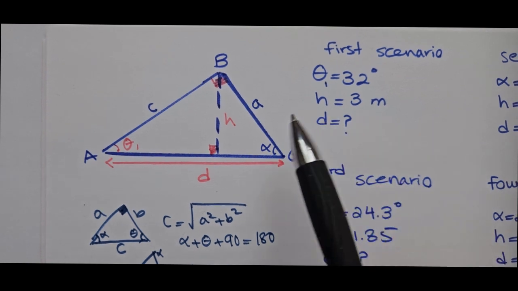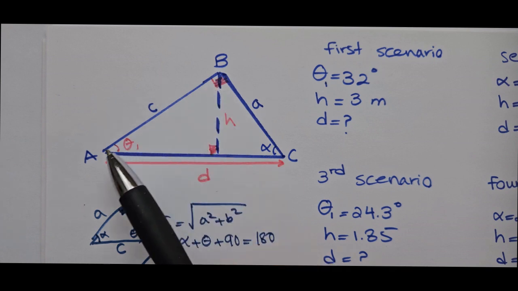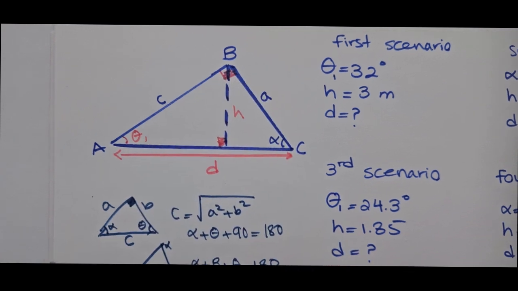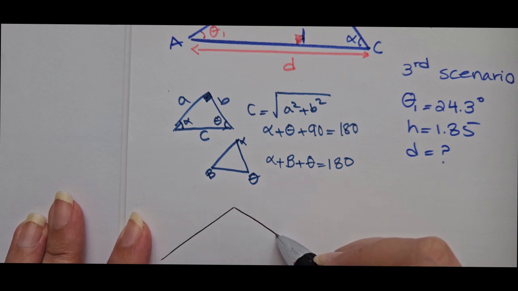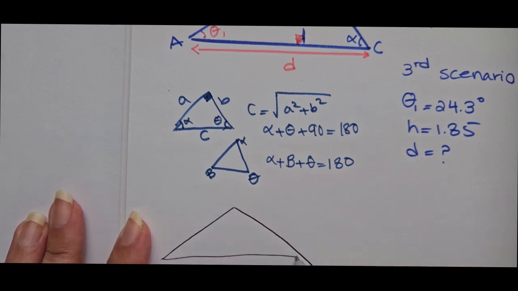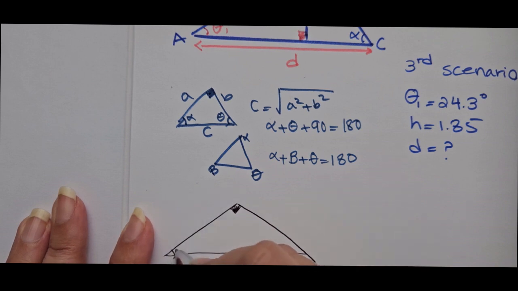So first scenario, theta 1 is 32. Okay, so if theta 1 is 32, this is 90 in the big triangle, right? So let me consider this big triangle again. Do it here once more. So this is 90 degrees. Theta 1 is 32, and then this is your h.